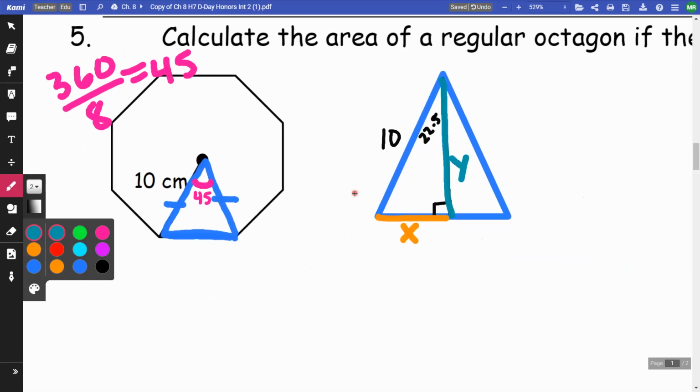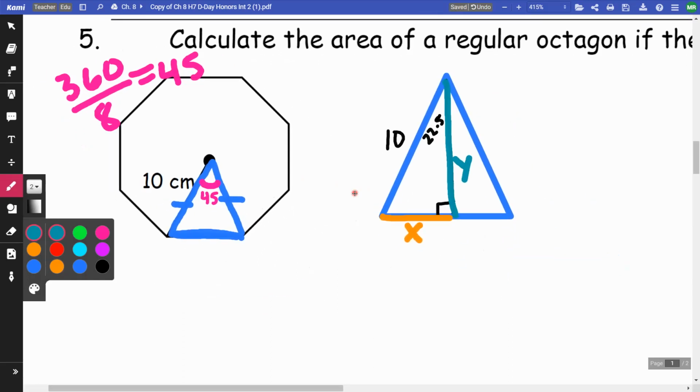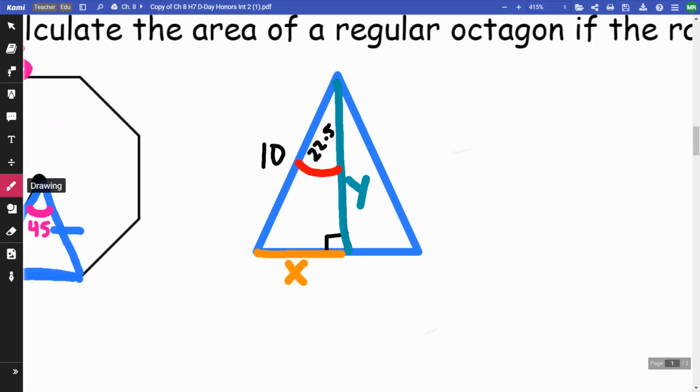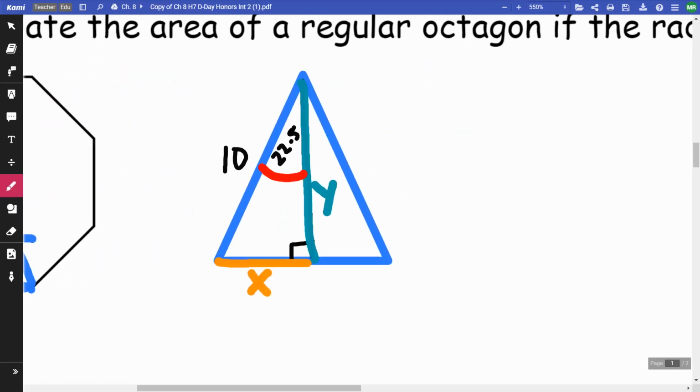And I am going to be using trig, going from this angle here. If I'm going to find my X first, from my 22.5, opposite over hypotenuse, that's going to be sine.